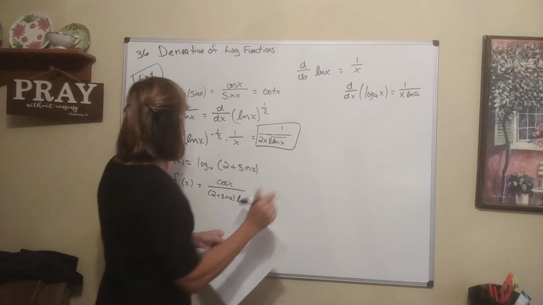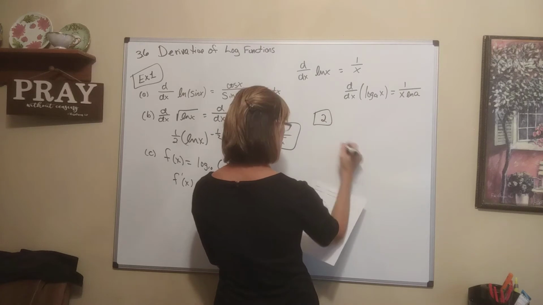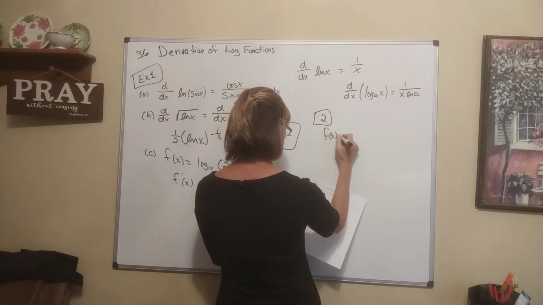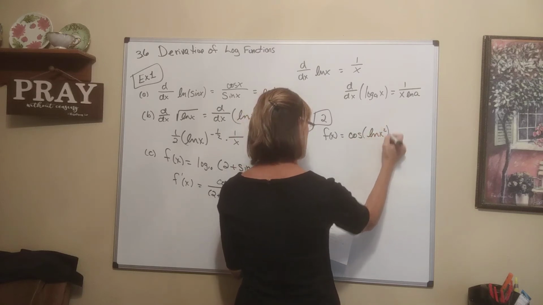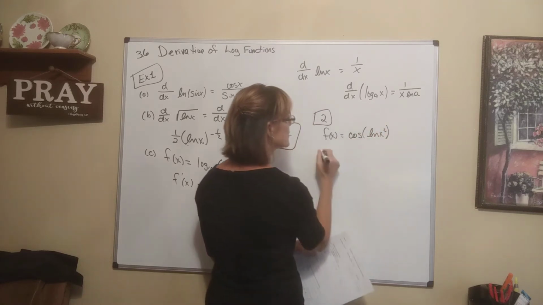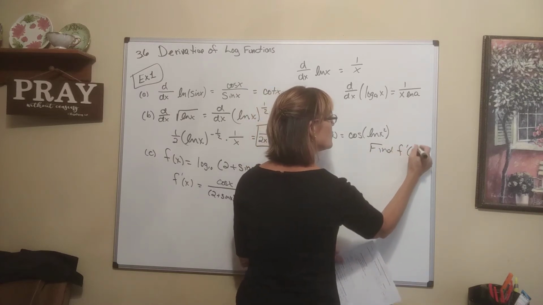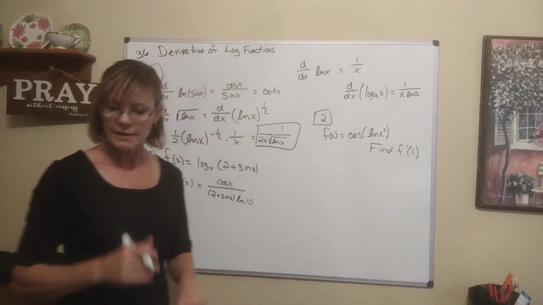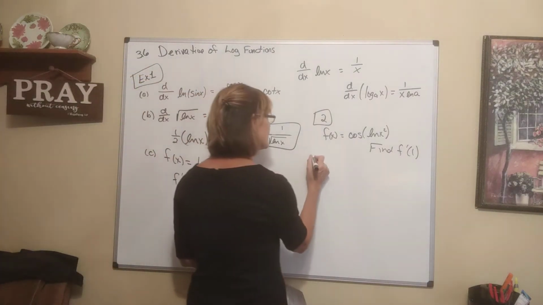Now let's do number 2. Example 2 goes like this. F of x is equal to the cosine of the natural log of x squared, and they want us to find f prime of 1. Let's take the derivative of f of x. What's f prime of x?